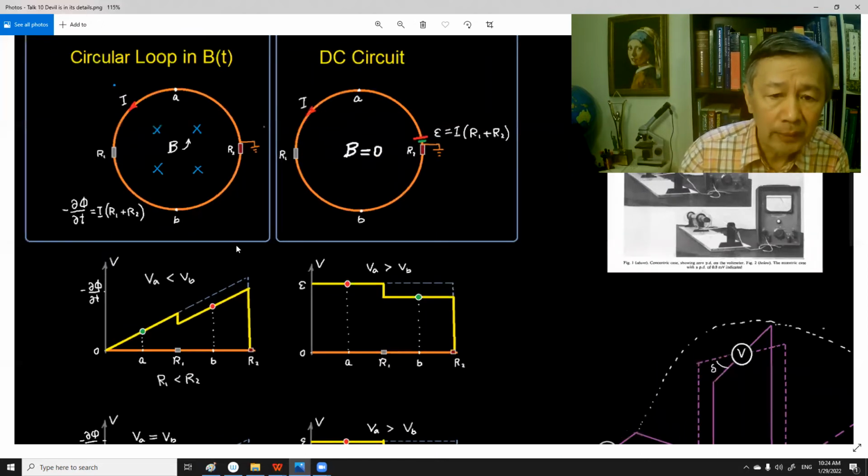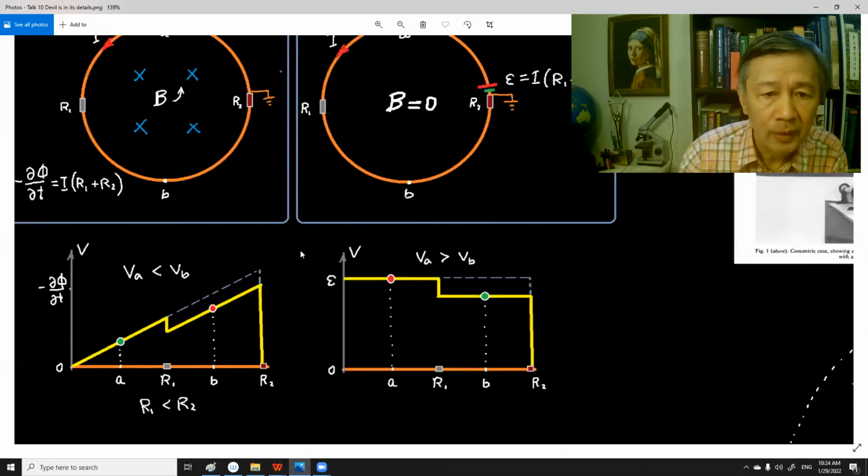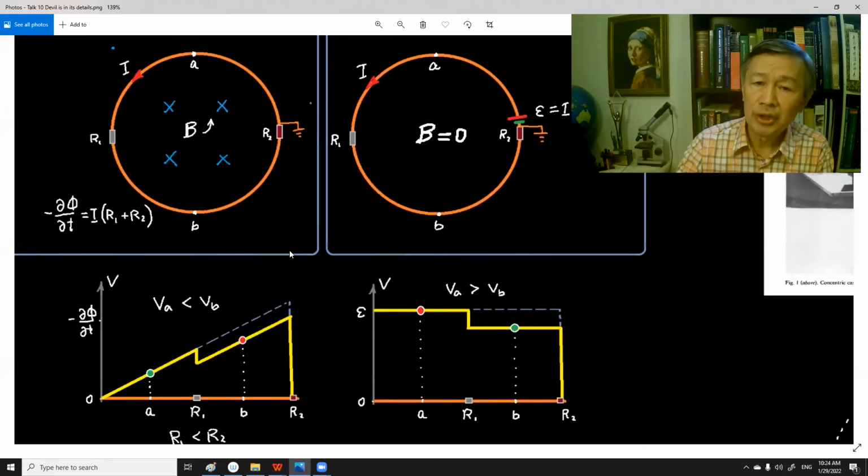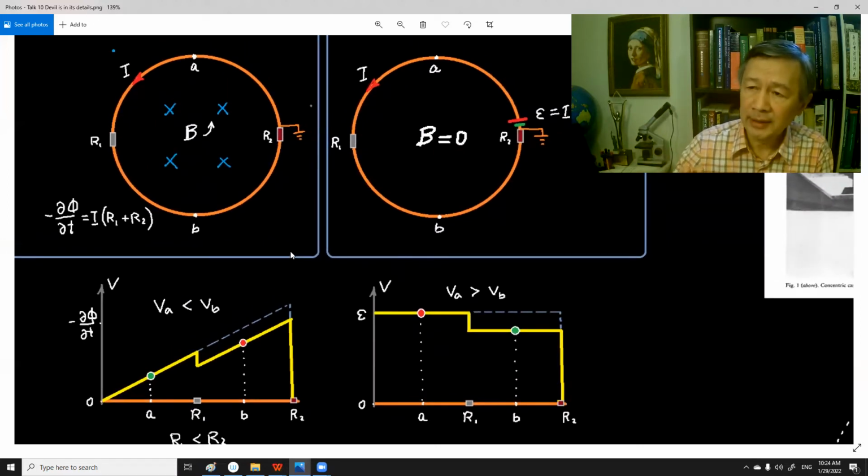Now, in the first diagram, we can follow the description we made a few weeks ago, that the induced EMF is evenly distributed along the loop.